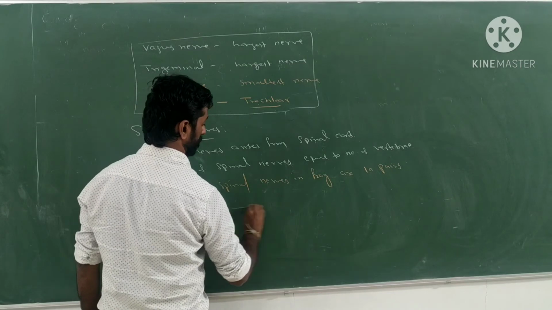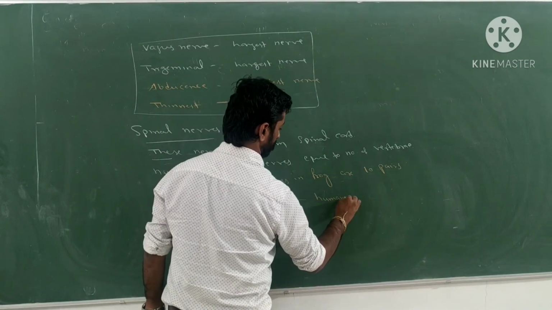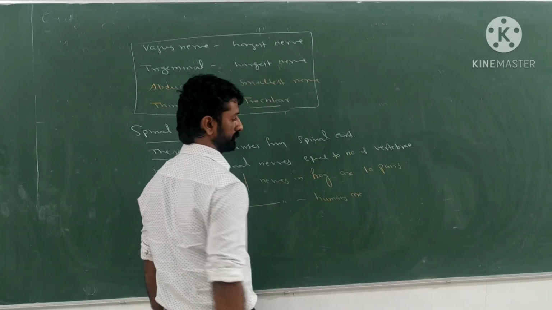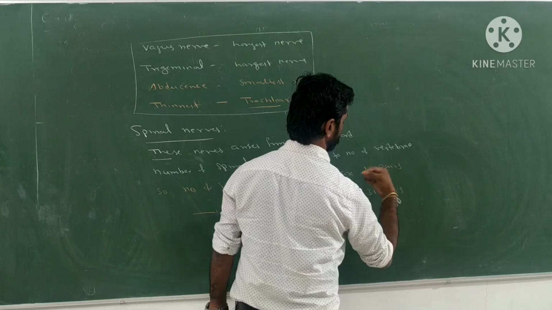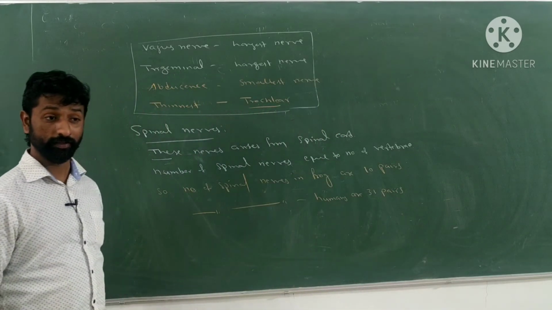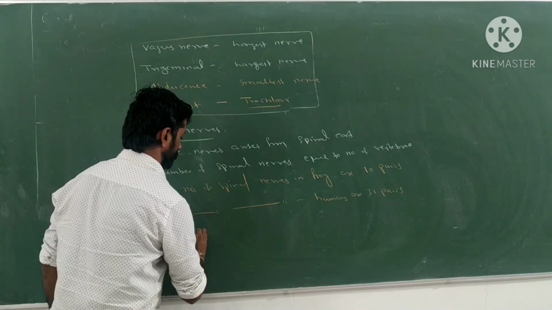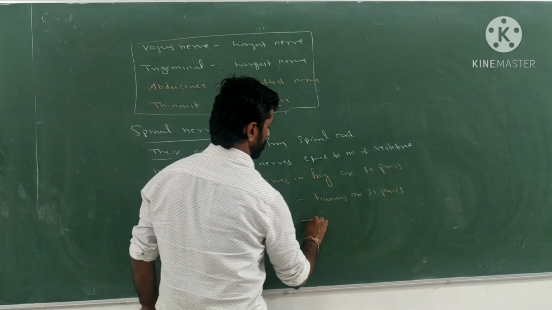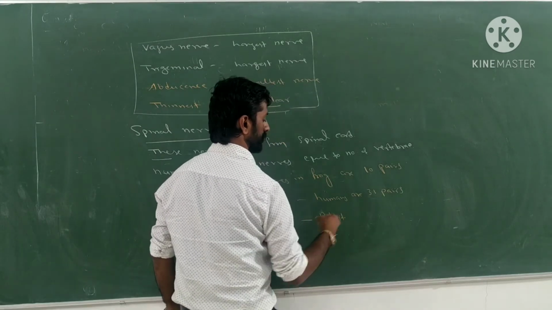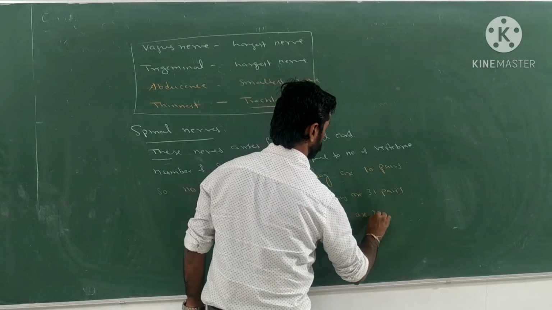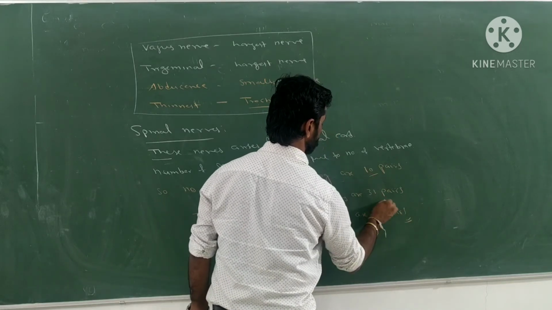The number of spinal nerves in humans are 31 pairs, but the number of vertebrae are only 26 in adults. And the number of spinal nerves in case of a rabbit is how many? 37 pairs. So remember these numericals.